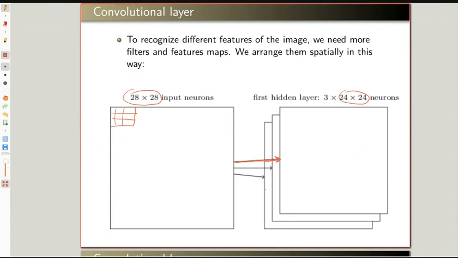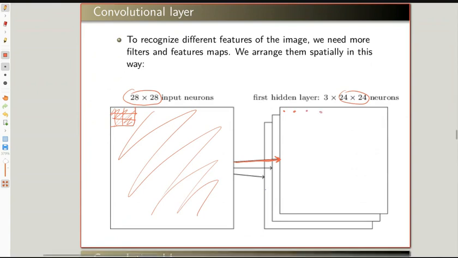Now, remember that these 3 by 3 weights are shared, always the same for the whole image. And this means that the points I'm getting in this layer of the new image are all describing the same feature.